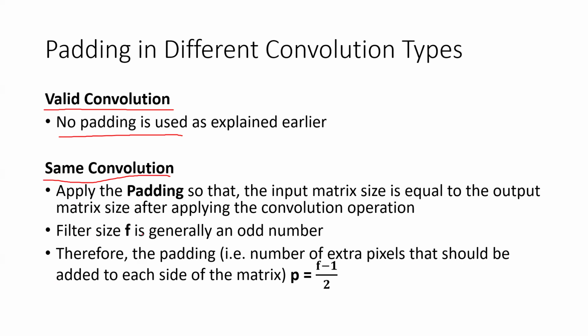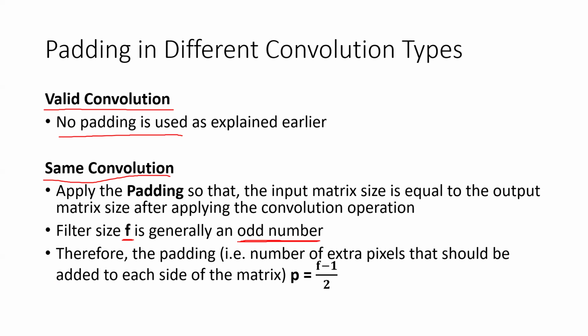That means when you are using a filter of size f by f, which is generally an odd number, as I explained before, we use 3 by 3, 5 by 5, 7 by 7 filters, but not 4 by 4 or 6 by 6 filters, because they are even numbers.